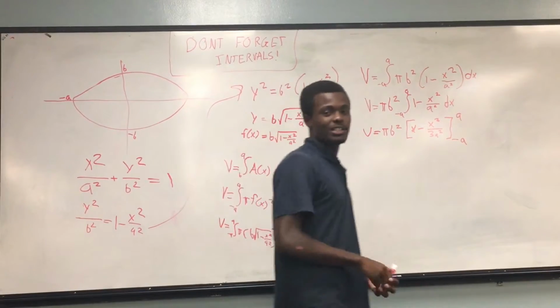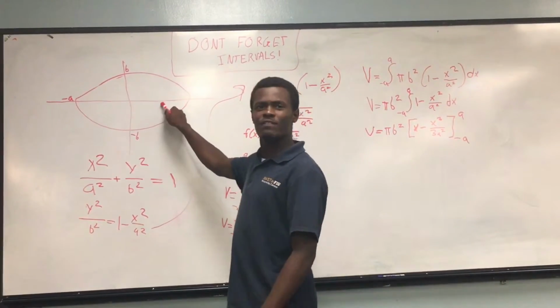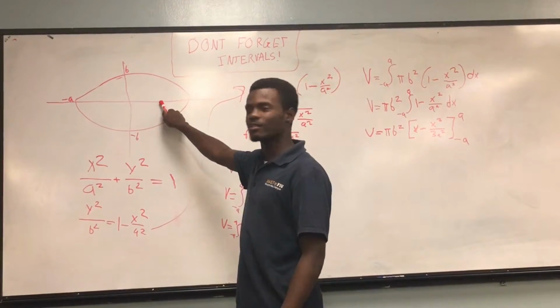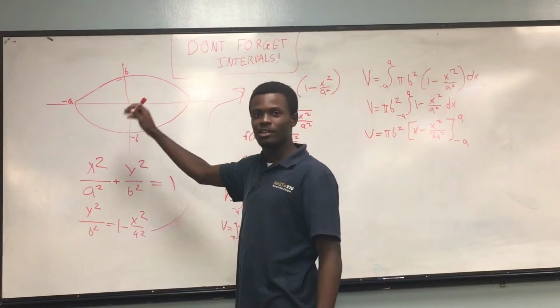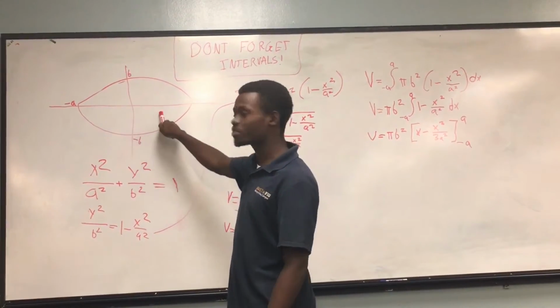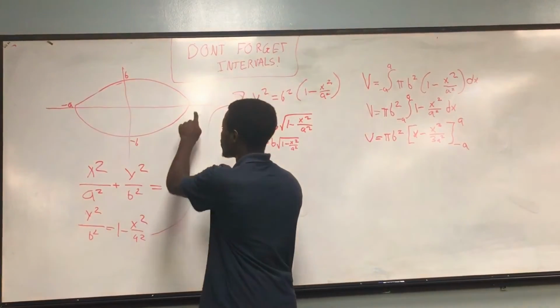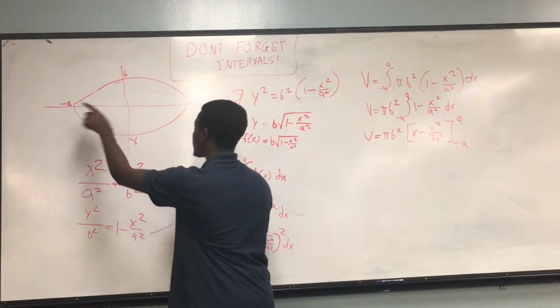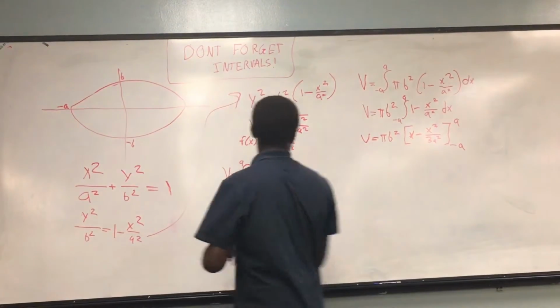And now look, there's a little cool thing that I noticed. This part of the ellipse, it's not drawn to scale, but in a perfectly drawn ellipse, this part will be equal to this part. So instead of solving from a to negative a, you can solve from a to 0 and then multiply by 2.